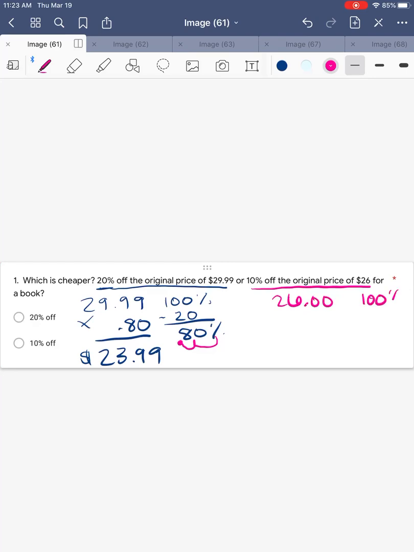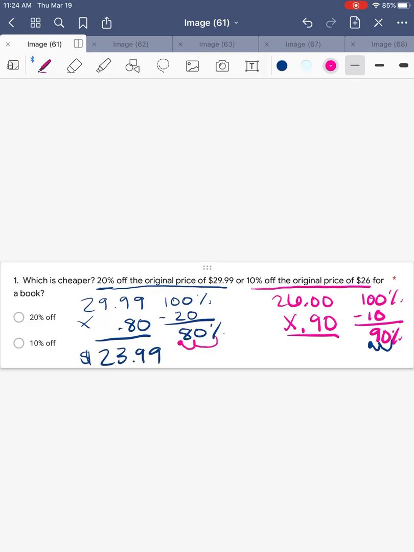And again, if the total price is 100% and they had 10% off, so I subtract 10, then that's 90%. But to find the decimal form of 90, I move it 2 spots to the left, and so I'm timesing the 26 by 0.90.